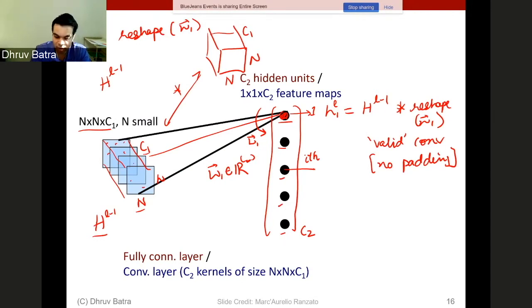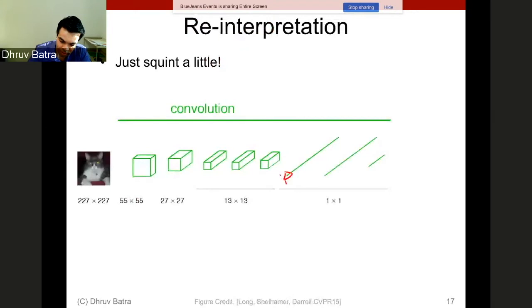So clearly, we can express this fully connected layer as a convolutional layer composed of these convolution filters. They are n by n by C1 sized filters, so it's a filter of the same size as the input coming in. And there's only one placement of those filters, and that's why we get these outputs that are really 1 pixel by 1 pixel by C2 sized outputs.